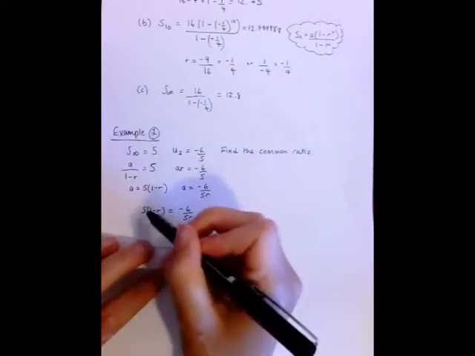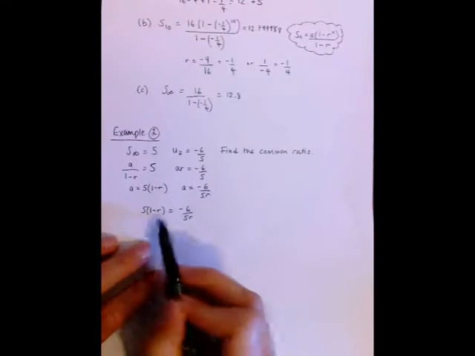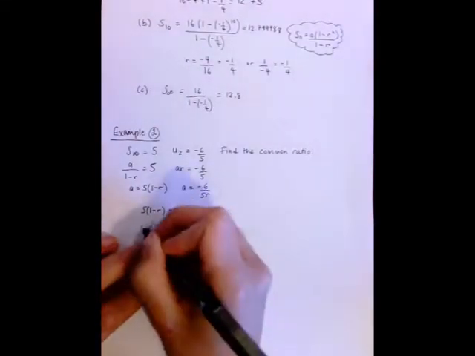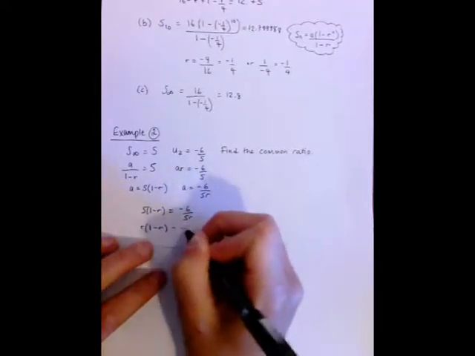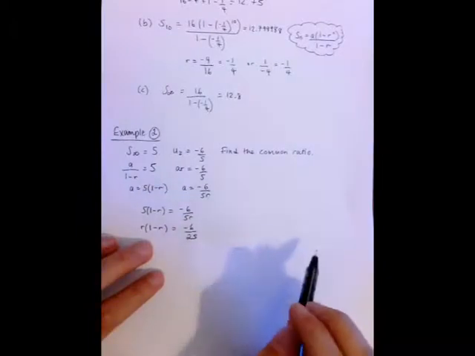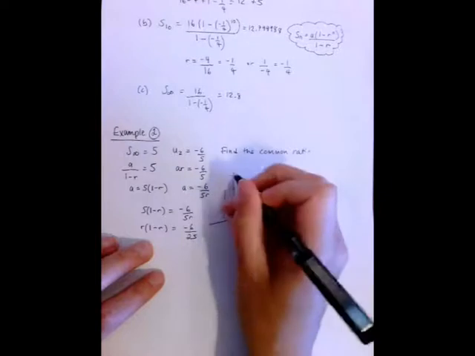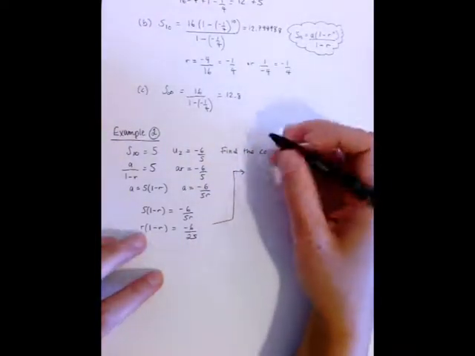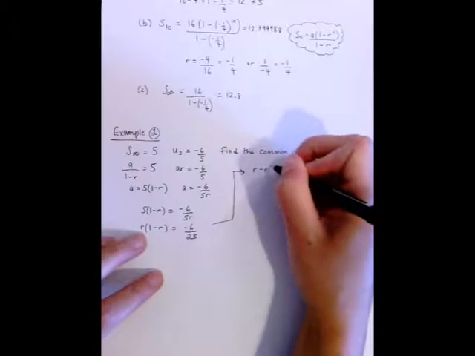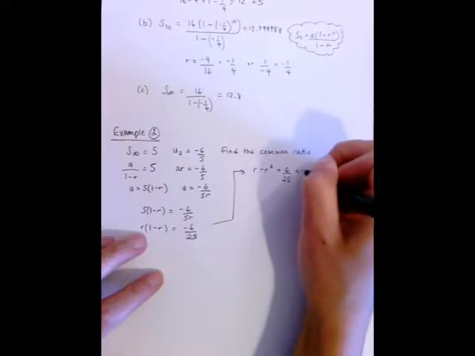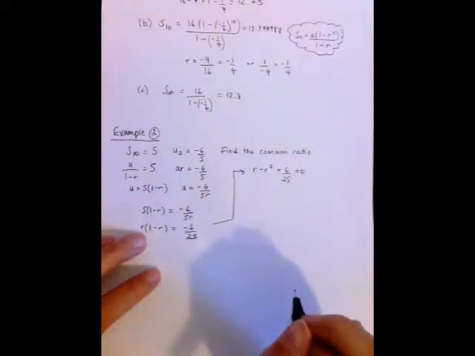I could divide through by 5 and times through by r. So basically doing a bit of swapping here. So I've got r(1 minus r) equals -6 over 25. And then if I just go up here, I could expand the bracket here, so r take away r squared, and then I could add the 6 over 25, because then I've got a quadratic.